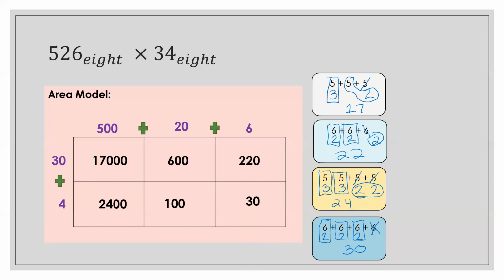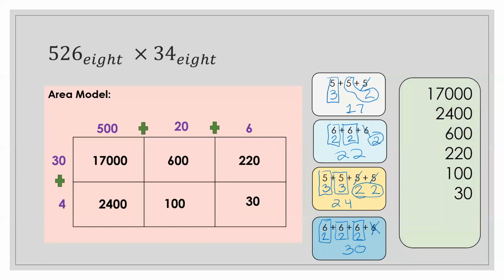Okay, so what are we going to do with all of these numbers here in this box? We will go ahead and add them, because the product that we're looking for is the sum of all of the smaller rectangles. And when we add them up, we would have 0 right here.